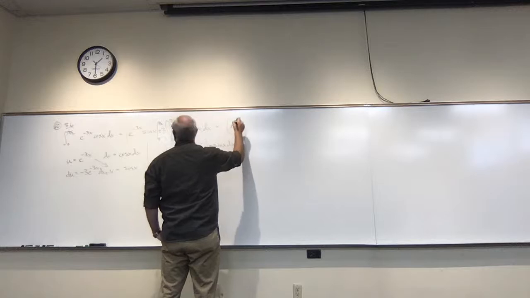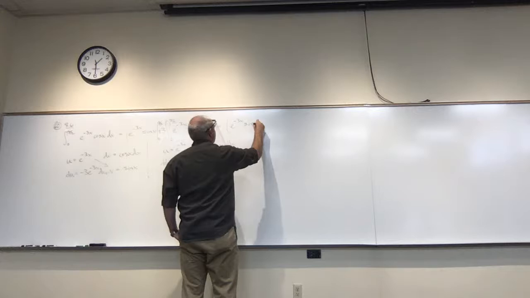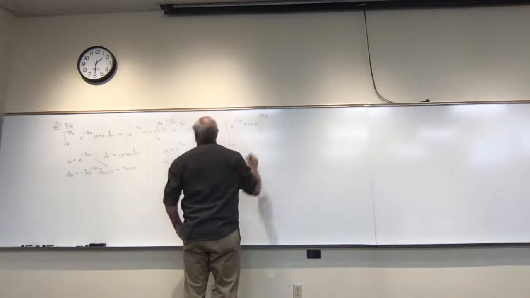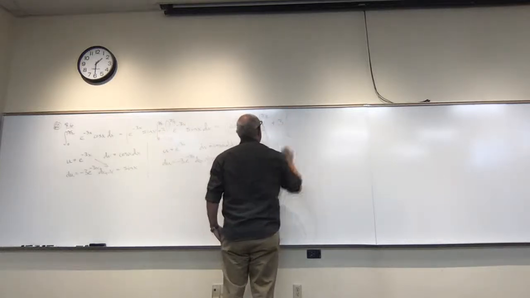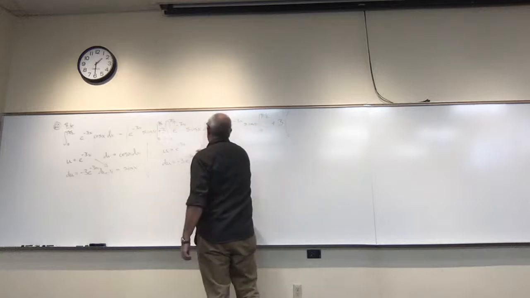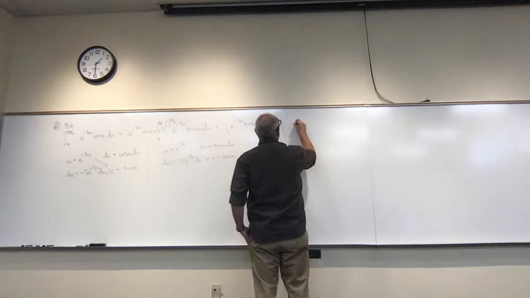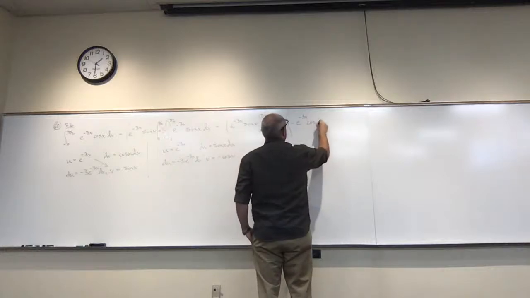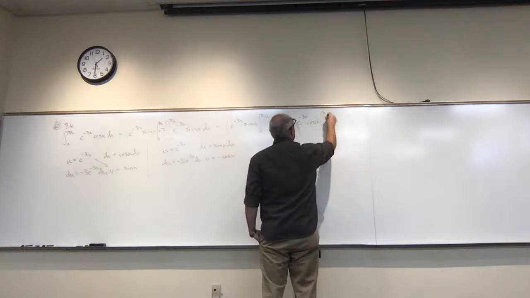So I have e to the negative 3x times sine x evaluated from 0 to pi over 2, plus 3 times u times v, which is negative e to the negative 3x times cosine of x, also evaluated from 0 to pi over 2.